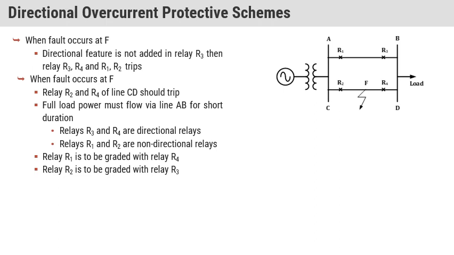Ideally, both relays R2 and R4 should open so that we can isolate the faulty part. Full load power must flow via line AB for a short duration. Relays R3 and R4 are directional relays.